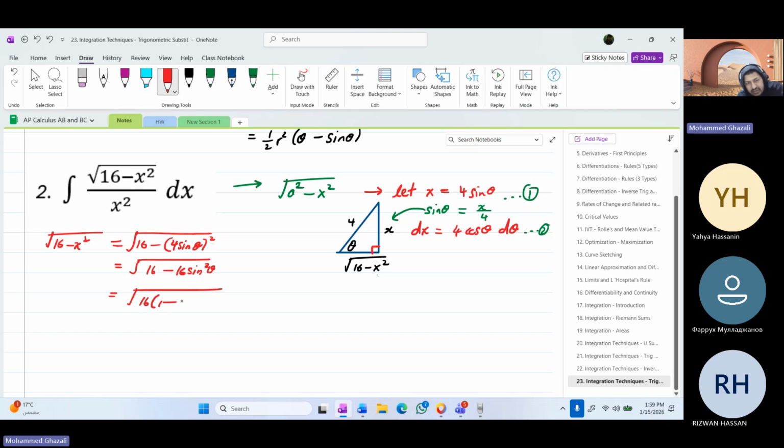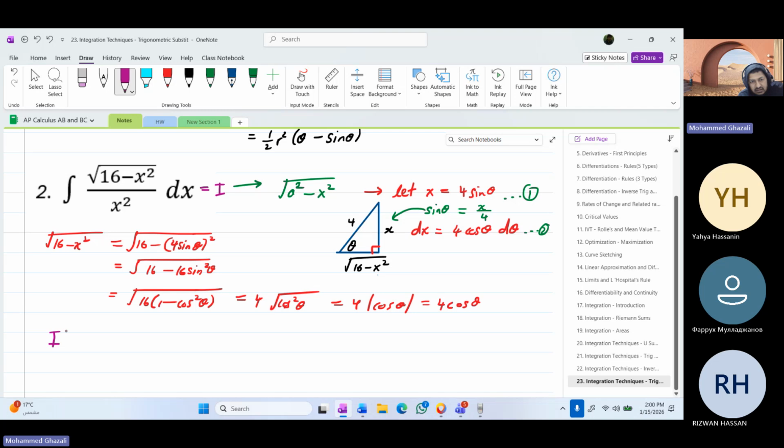And we are left with 1 minus sine squared theta, which is cosine squared theta. Square root of 16 is 4. Square root of cosine squared theta, please write absolute value of cos theta, which is just equal to 4 cos theta. And call this the integral, right? That's so great. The problem is solved now.